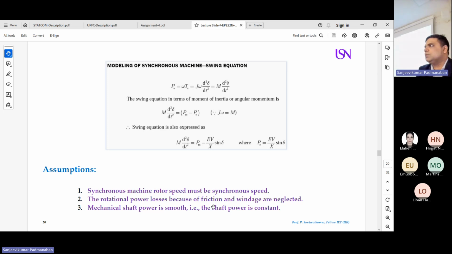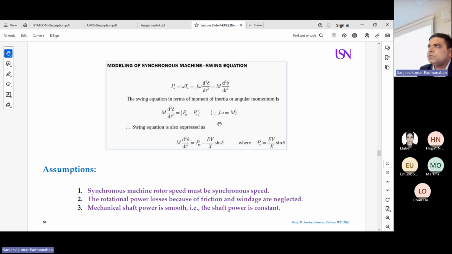The third one is that the mechanical shaft power is smooth, so there is no huge deviation in the mechanical shaft power, or oscillations or vibration in your shaft. It's absolutely free of mechanical losses.